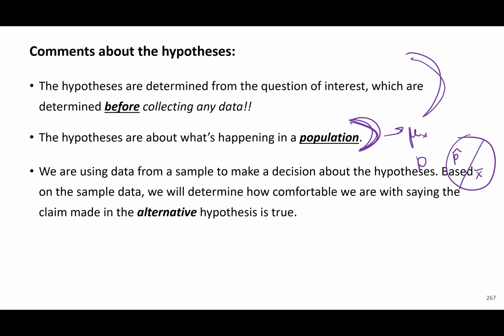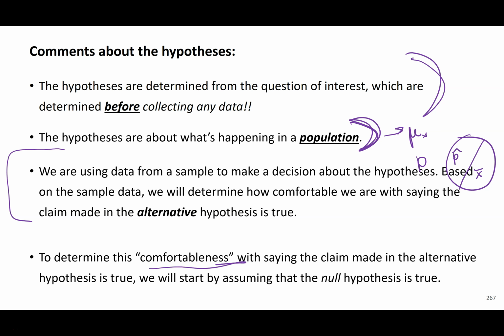And so then we're using a sample from our data to help make a decision. What we're ultimately doing is starting out assuming the null is true. Based on how weird or not weird what we saw in our sample is, if the null is true, how comfortable are we rejecting the null and saying we actually believe the alternative?